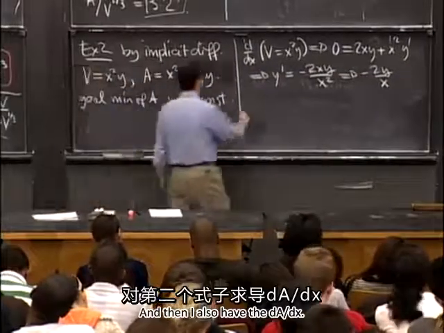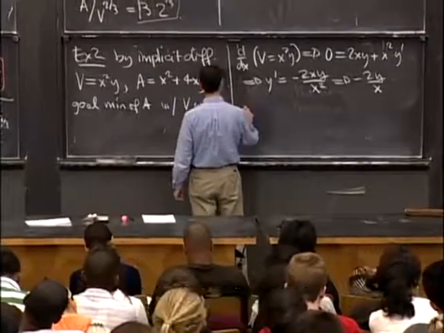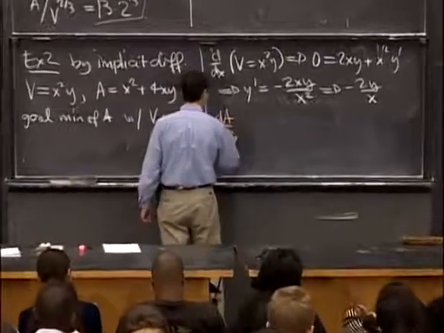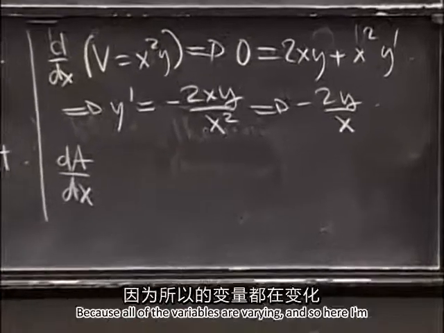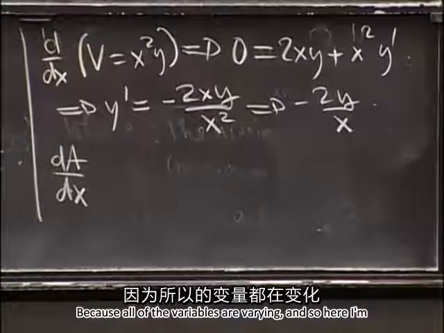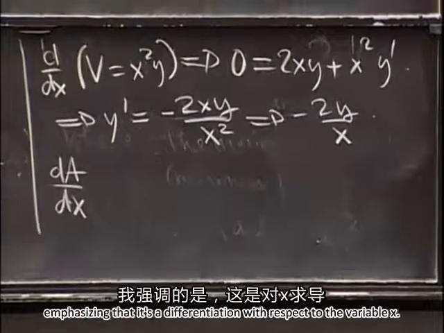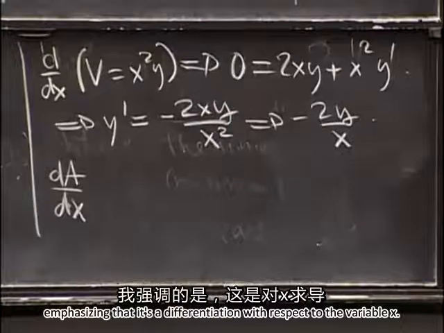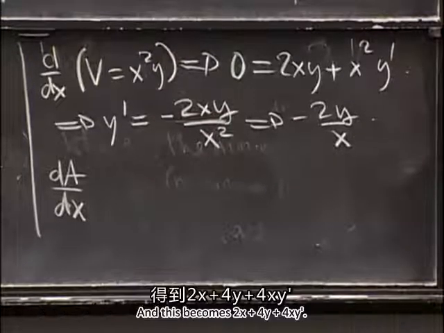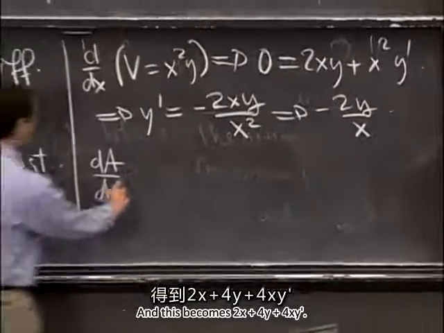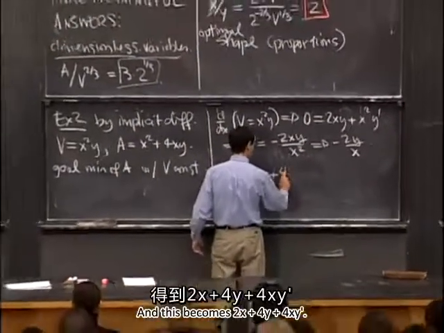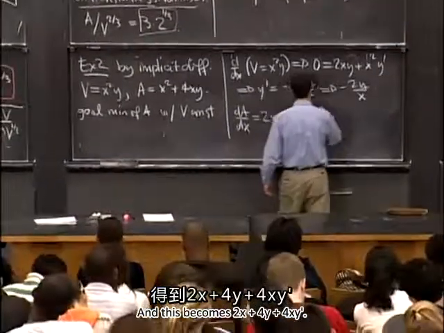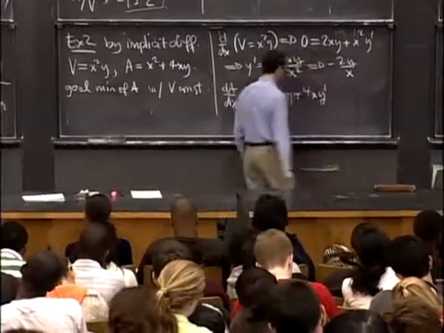And then I also have the derivative of A with respect to x. Now, you may notice I'm not using primes quite as much because all of the variables are varying, and so here I'm emphasizing that the differentiation is with respect to the variable x. And this becomes 2x plus 4y plus 4x y prime.